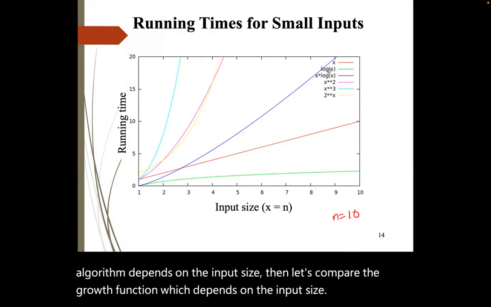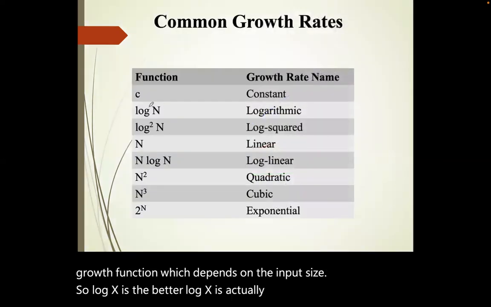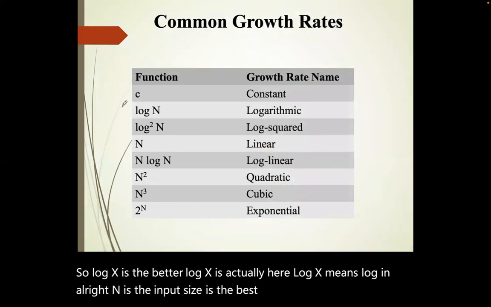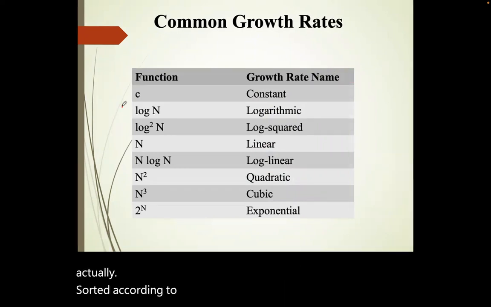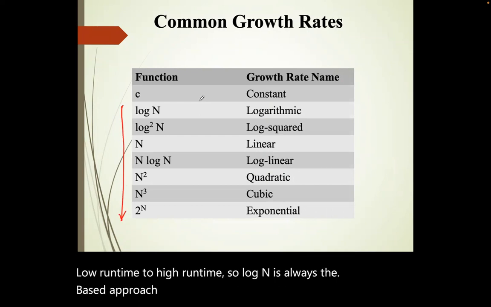So log n, where n is the input size, is the best one. Here they are sorted from low runtime to high runtime. So log n is always the best approach of all the growth functions that depend on the input size.